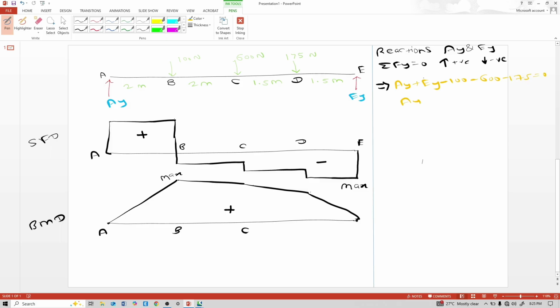So AY plus EY is equal to 600 plus 100 plus 175, that means it is 875. And what is the unit? See, load is in Newton, that means it is in Newton.